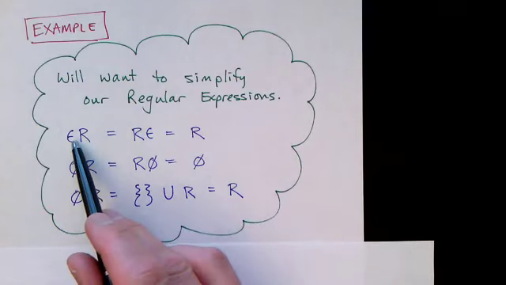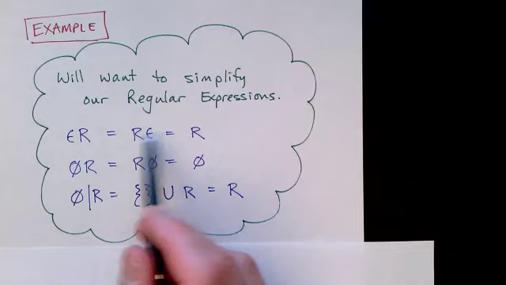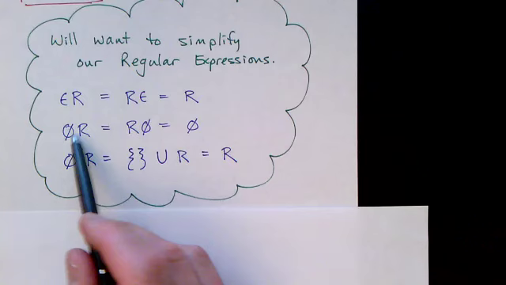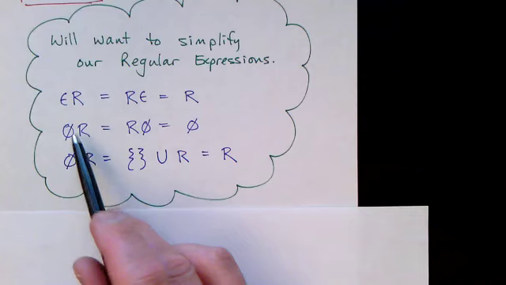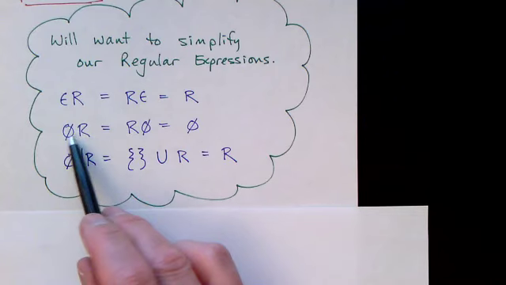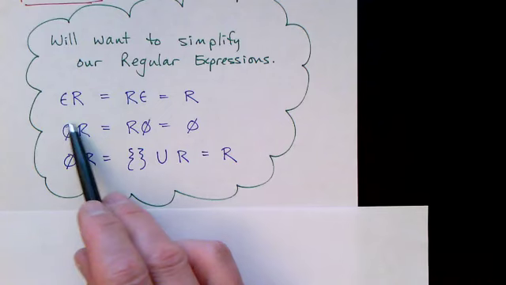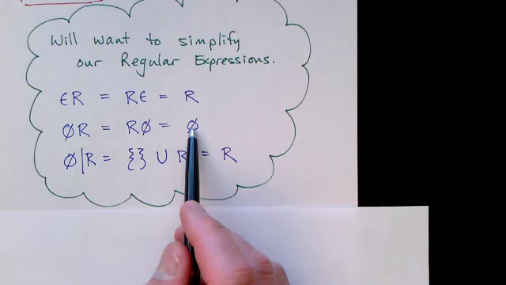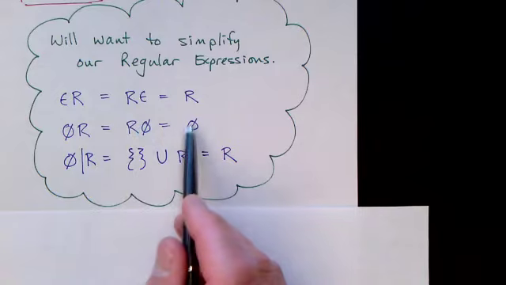Okay? An empty string followed by some other string is just that string itself. If you've got the empty language concatenated with something, then that is just the empty language. You choose something from this set and follow it with something from the second set. Well, there is nothing from the first set, so there's nothing to choose, so nothing can satisfy that, so it's the empty language. So if we see the empty symbol here in concatenation, we can eliminate it.